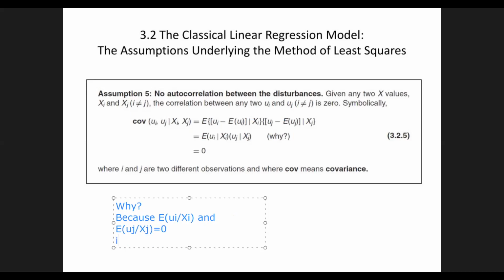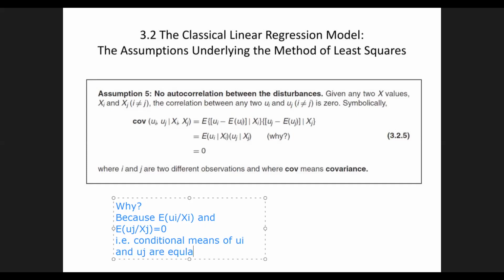That is, conditional means of ui and uj are equal to 0.